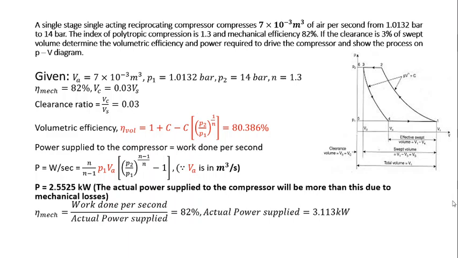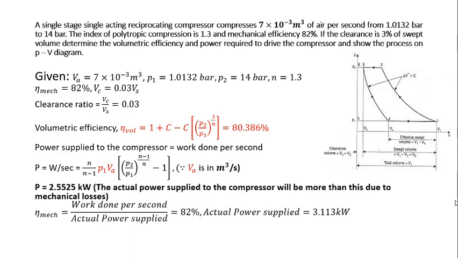Now we will do some problems. This is a university question. A single stage single acting reciprocating compressor compresses 7 into 10 raised to minus 3 meter cube of air per second from 1.032 bar to 14 bar.